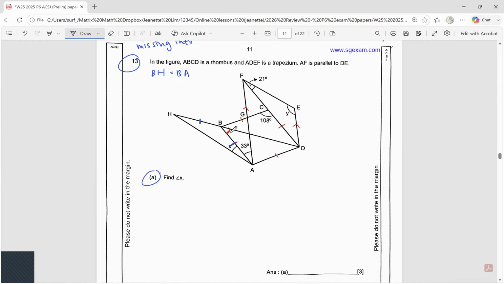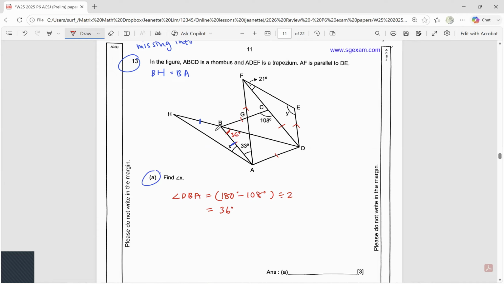Okay, so to find this here, you have this isosceles triangle. This is 108. So 180 minus 108 divide by 2. That is to find angle DBA. So that will give us 36 degrees.